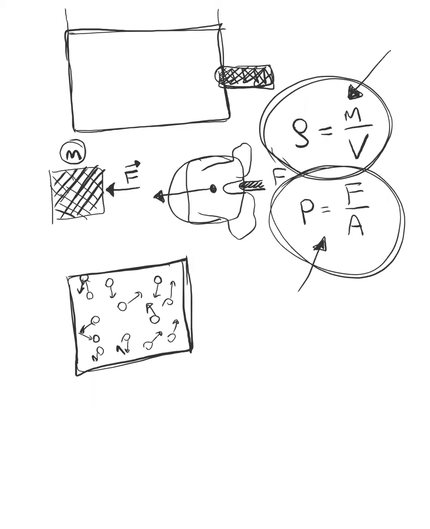And as they bounce off the walls, they will exert a certain pressure on the walls. So there will be some force, and this force will be determined by the average collision rate of molecules with the wall, and by the average velocity of those collided molecules. So there is pressure, which is generated by random motion of molecules inside this fluid.